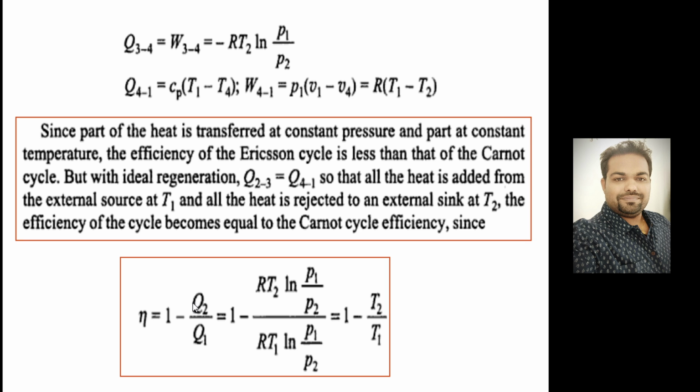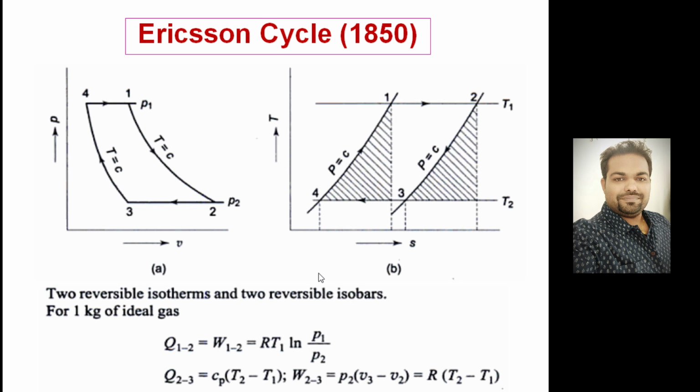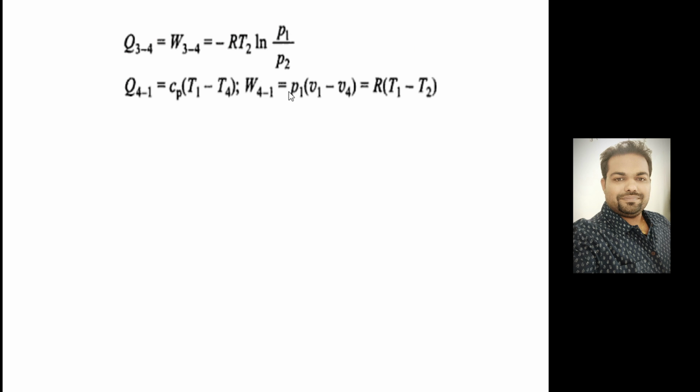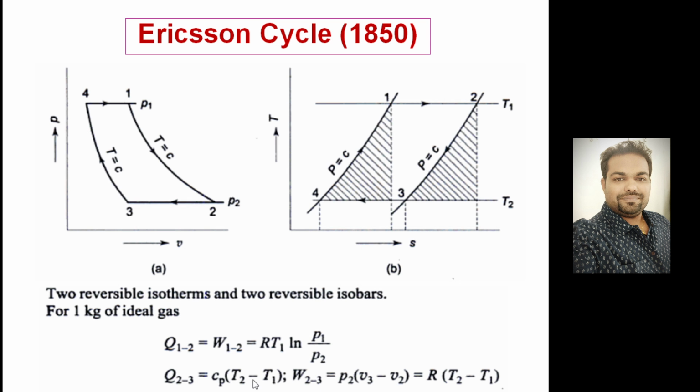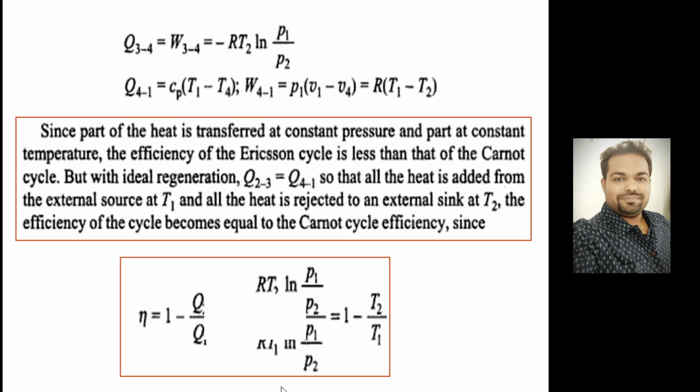Clear. So look, heat rejection is R T2 ln of P1 by P2. This is your Q2, and Q1 is given here as R T1 ln of P1 by P2. These two things you have to take into account when you are adding the regeneration. This heat rejection, Q4 to 1, and the process here, Cp (T2 minus T1), these need to cancel out if you want to approach the Carnot cycle efficiency.